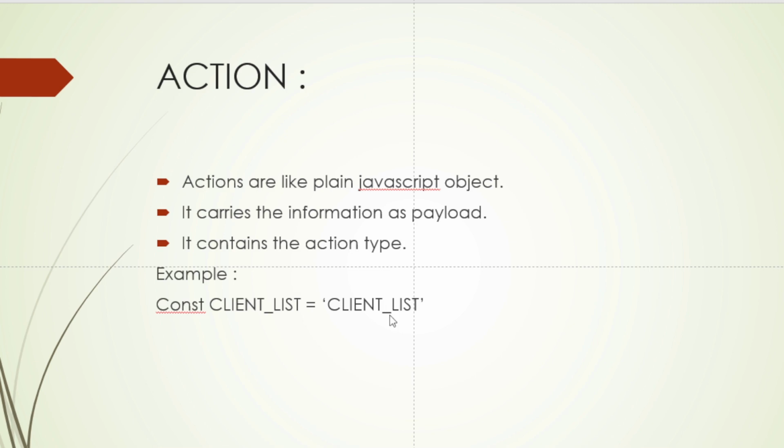So based on that action type, only the modifications will happen here. It carries the payload. If I want to update, say we have 10 IDs and I only want to update the ID 3, that is the payload. The ID acts as the payload here. So we pass the type and the payload through the action, and based on the type and the ID, the modifications will be done.